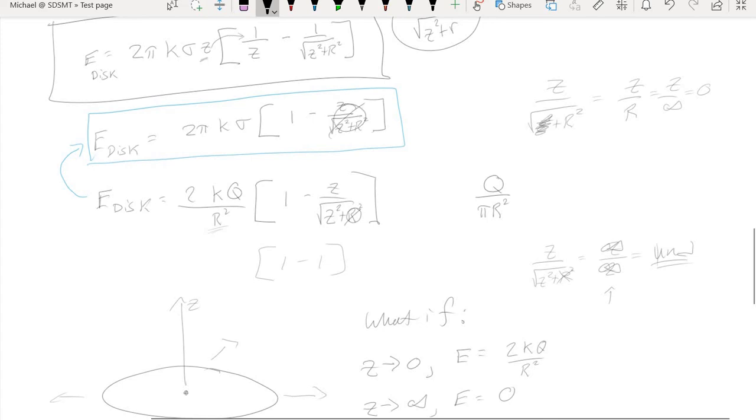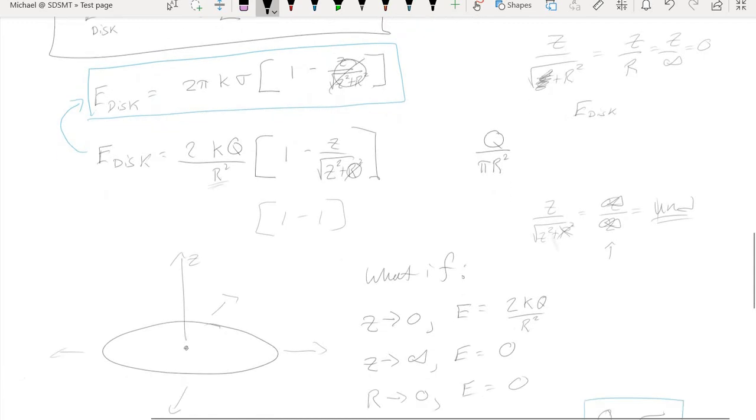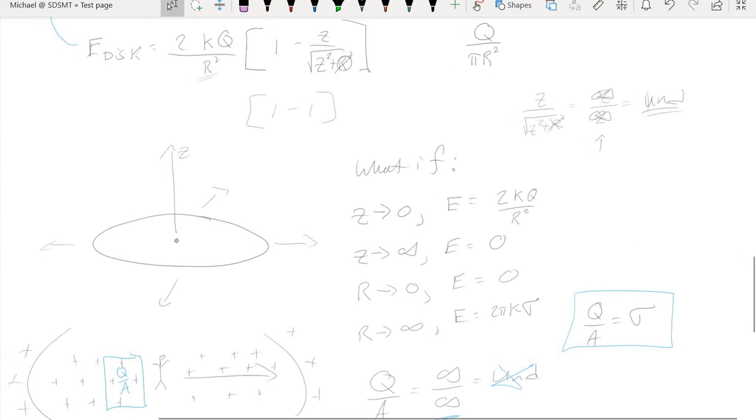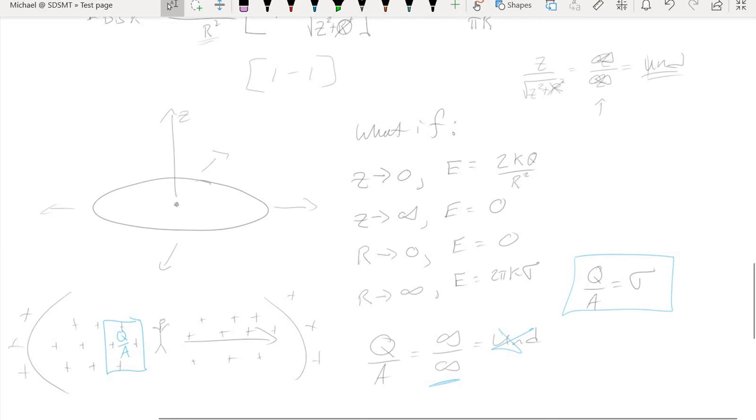And so what do we have now? Well, we have 2 pi k and sigma. So the electric field is 2 pi k sigma for an infinitely large disk. Well, if the disk is infinitely large, how do you know it's still a disk?